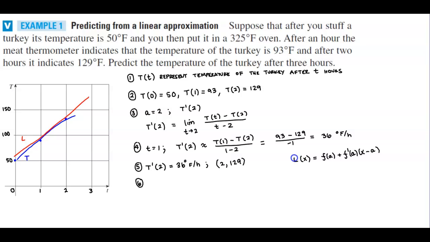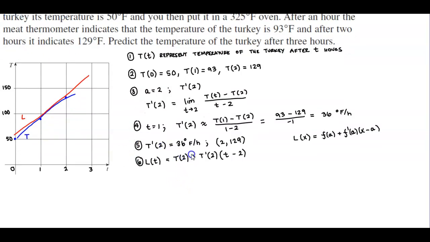So the linear function, according to t, is going to equal T of 2 plus T prime of 2 times t minus 2, because 2 represents a in our particular formula.